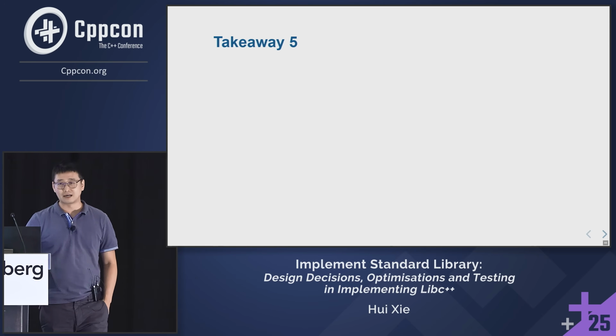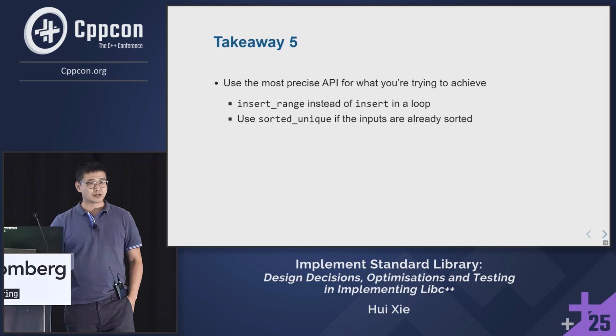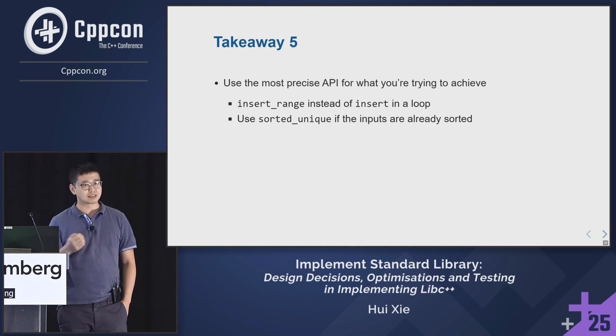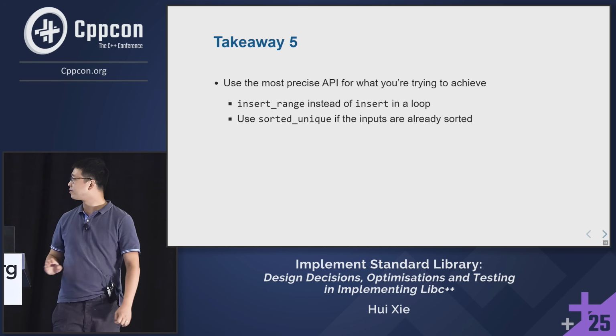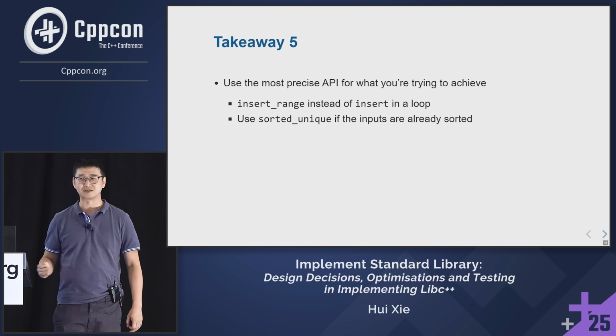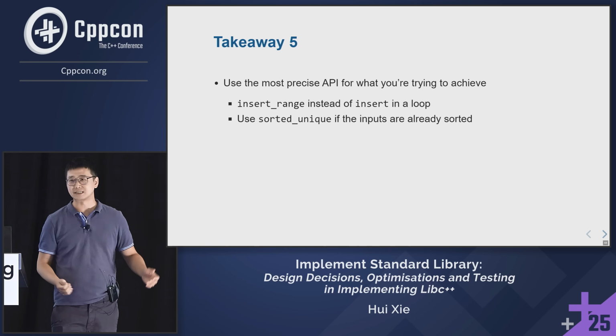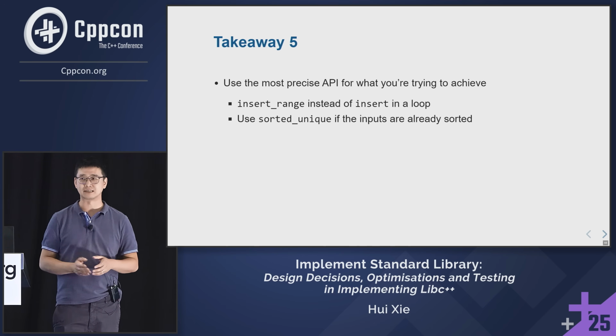So the key message I'd like to share here is when you use the standard library or containers, try to use the most precise API. So when you would like to insert a range of elements, there's an insert_range. You don't roll your own for loop. And if you know your inputs are already sorted, you can pass the sorted_unique tag so the library can skip the sorting step.